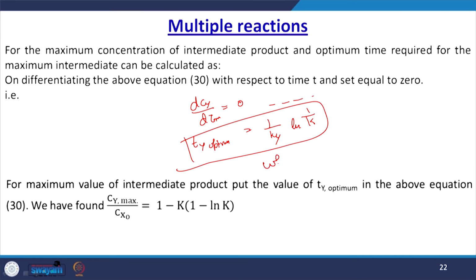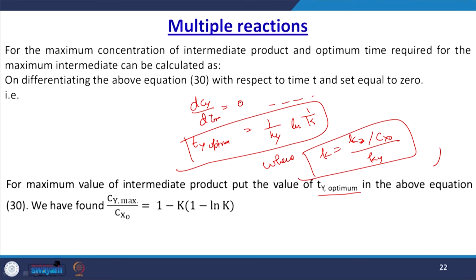where k is equal to kz upon ky. Now, for the maximum value of the intermediate product, put the value of tau y optimum in the above equation.